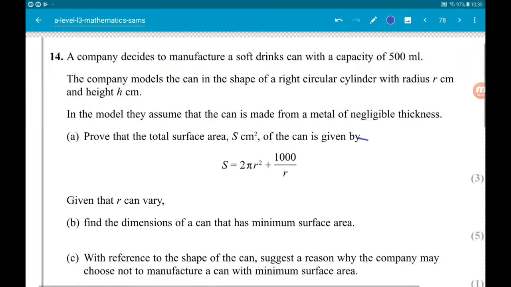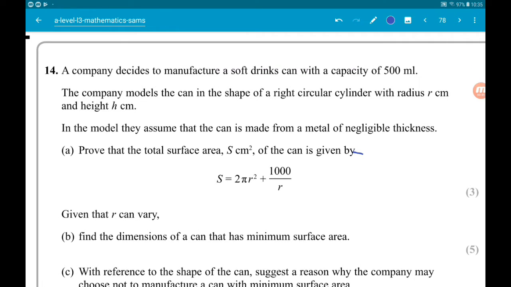We're then told the company models the can in the shape of a right circular cylinder. So all that means is a normal cylinder where the sides are perpendicular to the base, with radius r centimetres and height h centimetres.